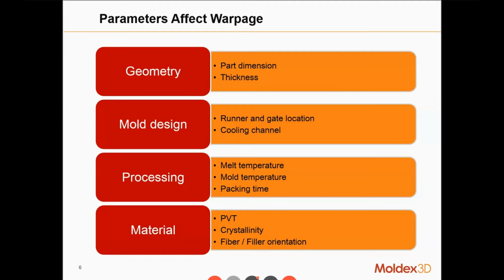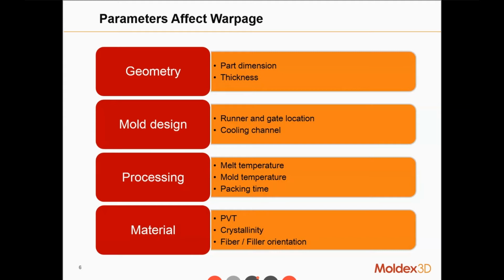As for the mold design, we can consider the number of runners or the gate location so that the part gets a perfect packing effect. We can also consider cooling channels: if we have more cooling channels, we can decrease the heat accumulation and the warpage will be improved.